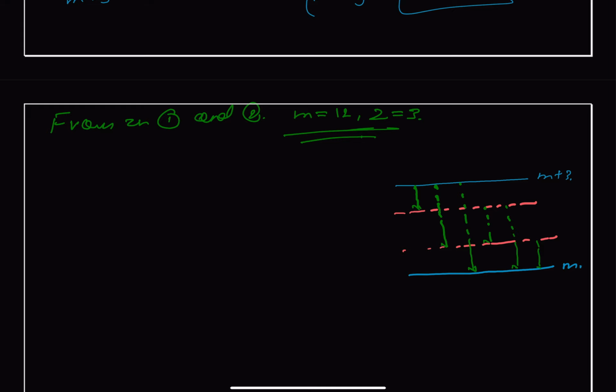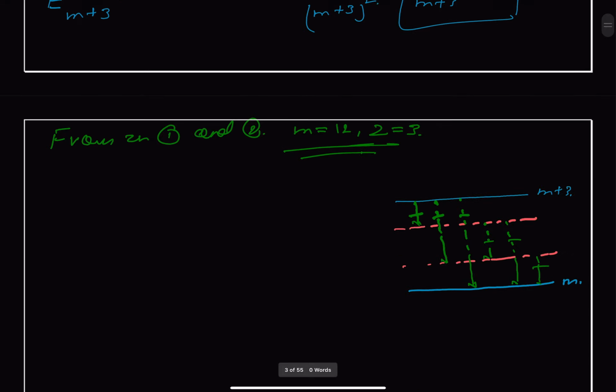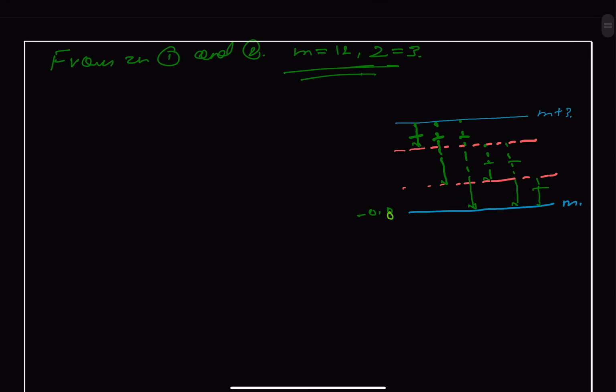Obviously the smallest wavelength corresponds to the difference in energy, which is given as minus 0.85 and minus 0.544. So this is going to give us the smallest lambda, that is the smallest wavelength. So this is our part B.